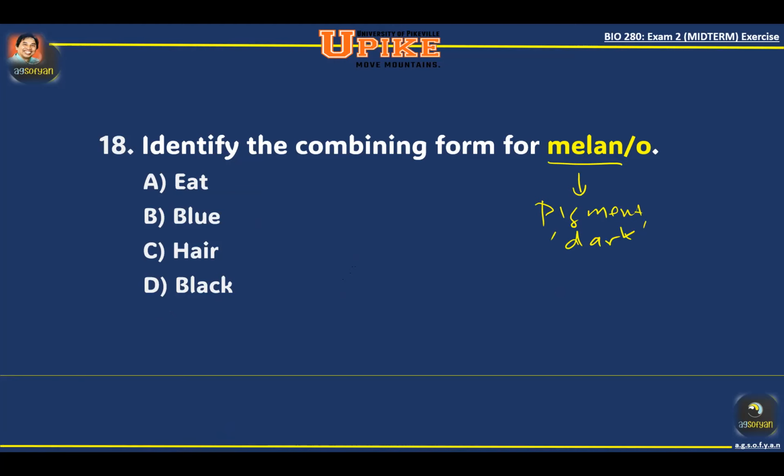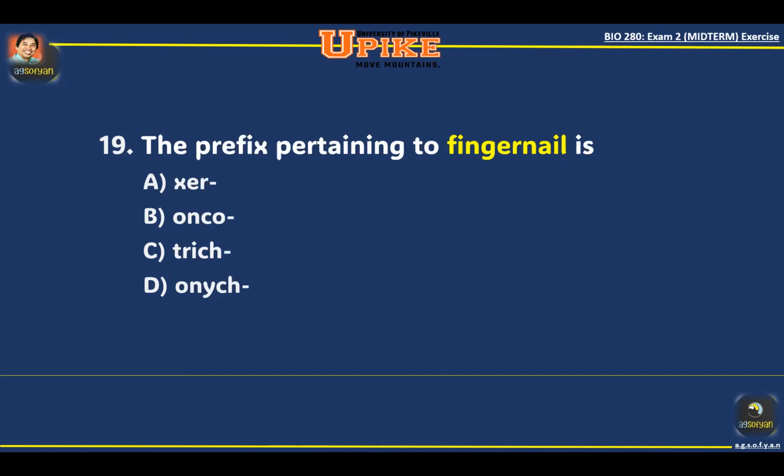So it's going to be black. Melano means black or dark pigment. This is the one that gives the color to our skin and also to our hair. The prefix pertaining to fingernails: the answer will be onych. It means fingernails.